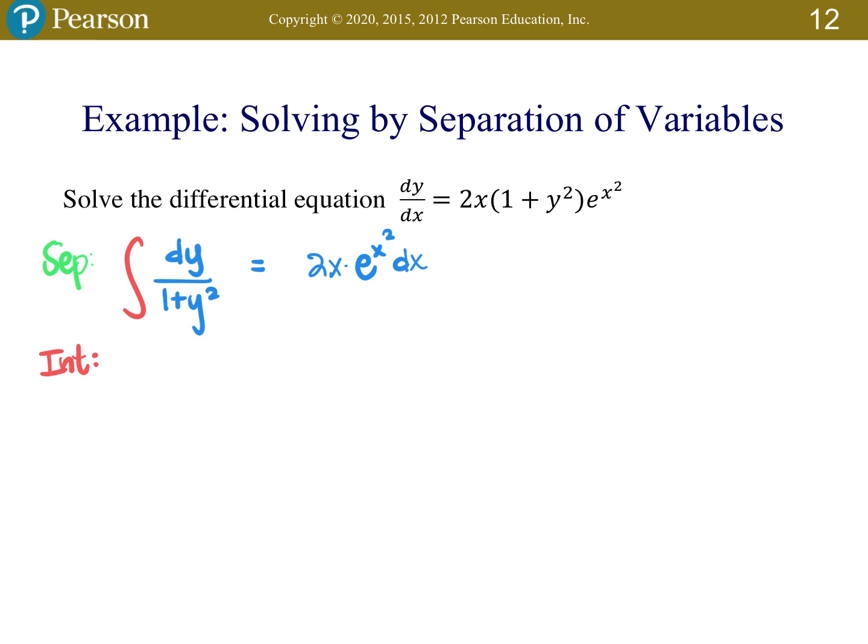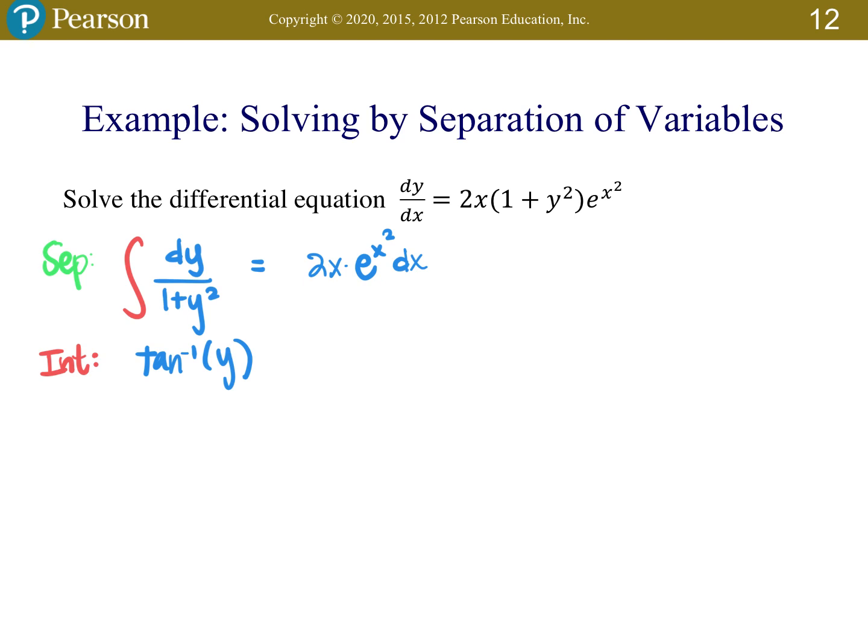It's tangent. Tangent inverse of y, good job. Great. That is tangent inverse. It's one of those special ones. It doesn't have a square root in it, but a square root would be the ones that would be either the inverse secant or inverse sine.